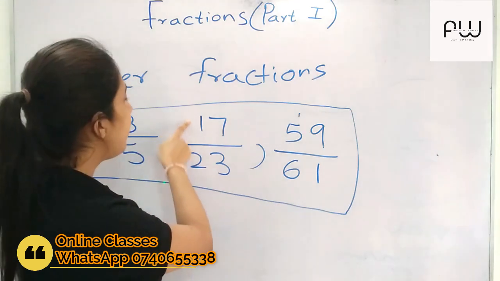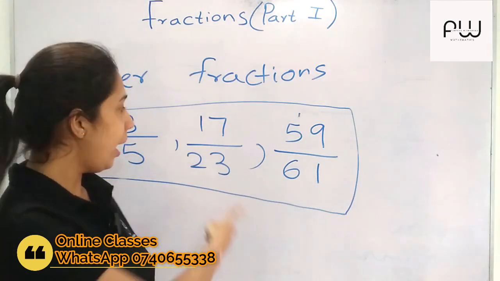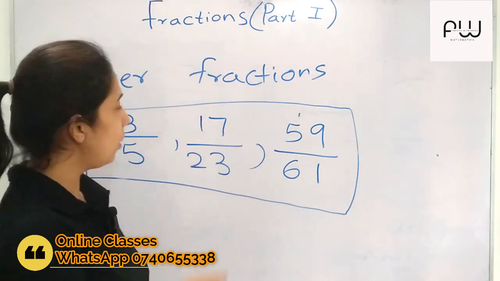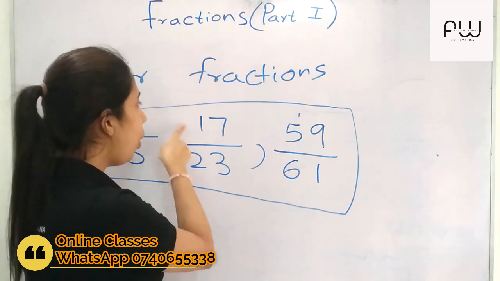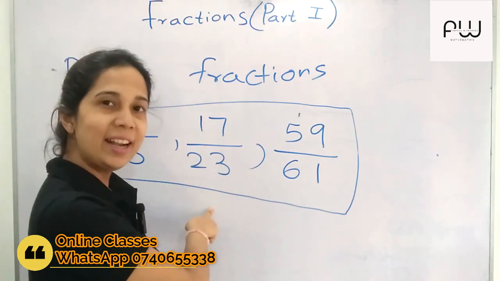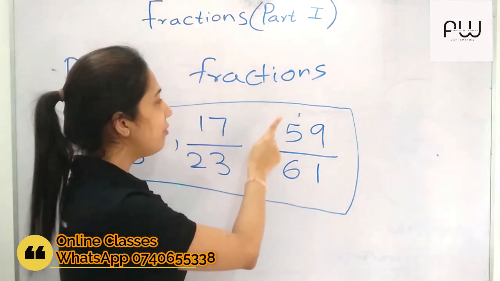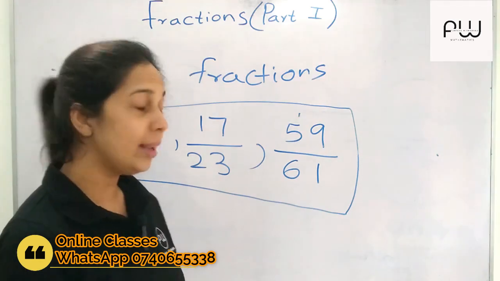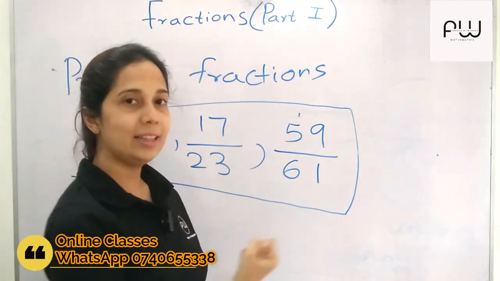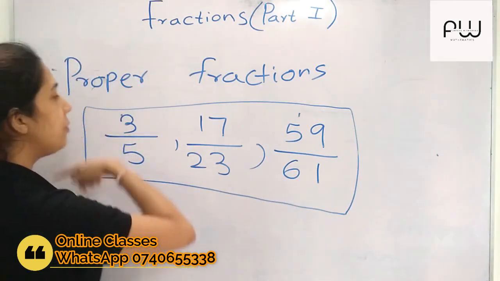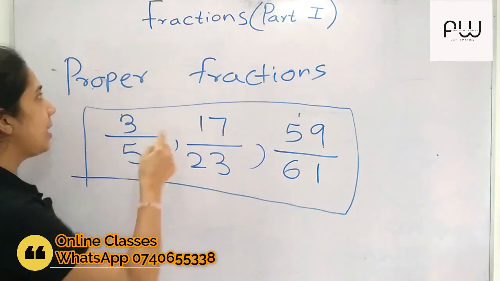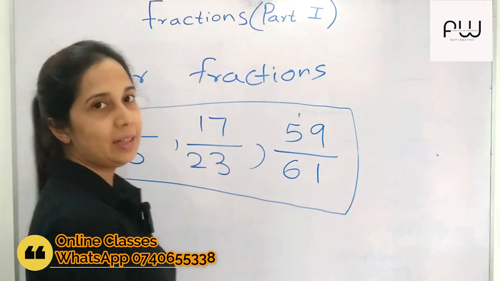And here 17 is smaller than 23. Here also the numerator is smaller than the denominator. And the last one, 59 is smaller than 61. Then you can identify these kinds of fractions as proper fractions.